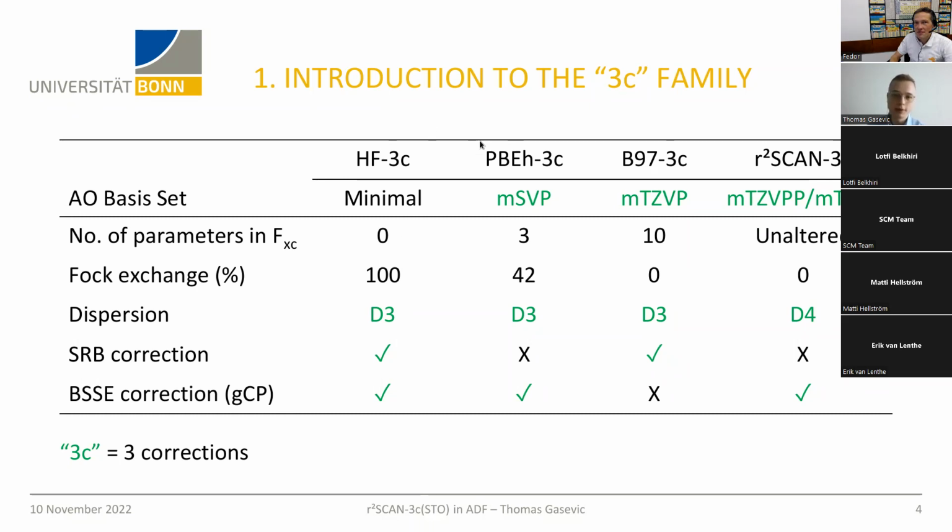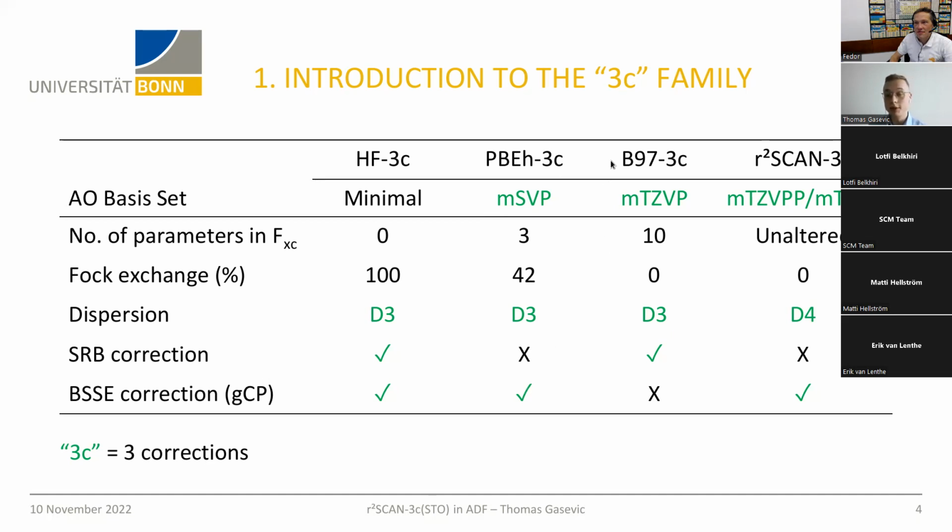Then the first composite DFT method was PBEh-3c, developed in our group. It's a hybrid based on PBE, and it has 42% Fock exchange. It applies a small basis set termed mSVP, where the m stands for modified, the D3 dispersion correction, as well as the GCP correction.